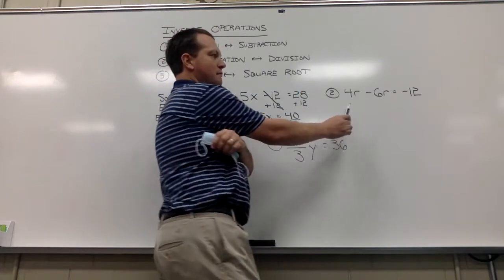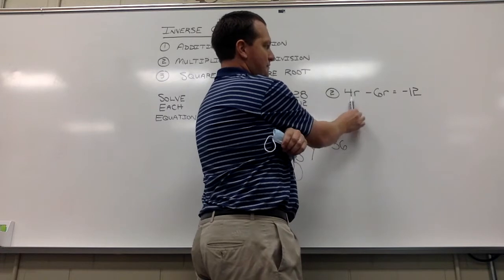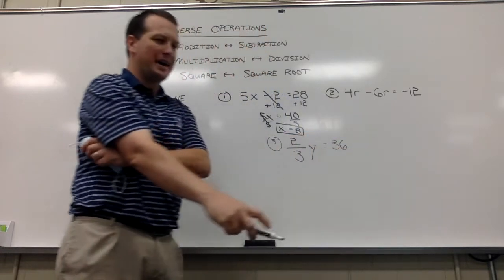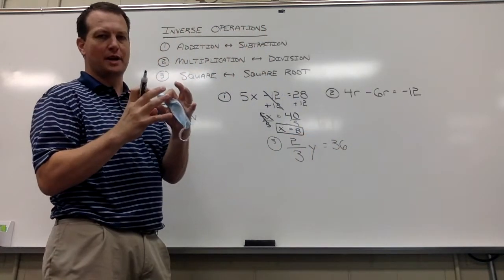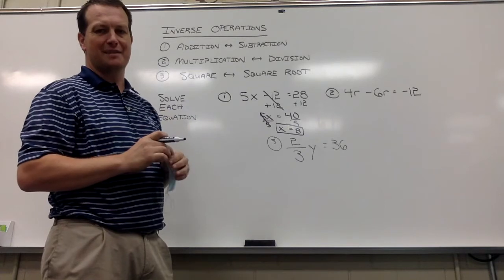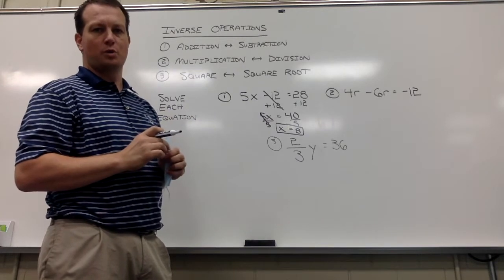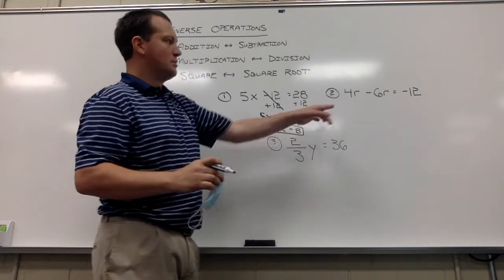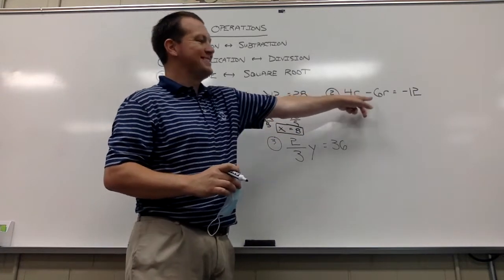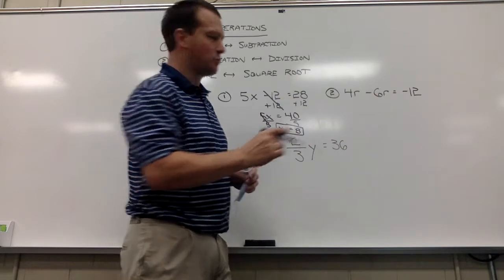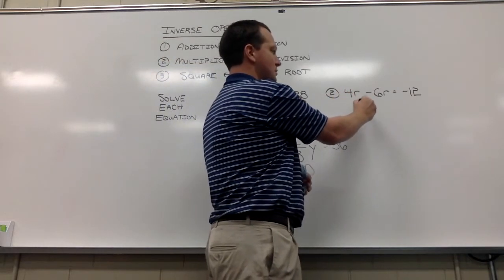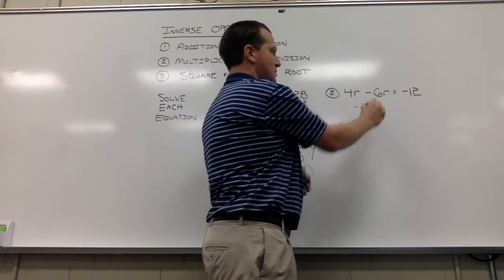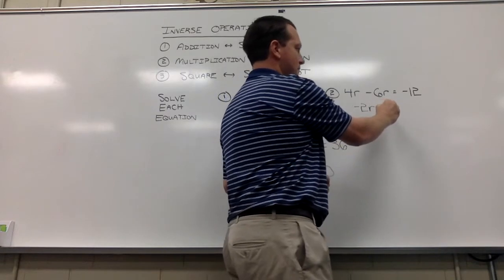Taking a field trip over to example 2. Notice here I have 2 r variable terms on the left side. So I'm going to combine those two together. They're not on the opposite side of the equal sign. So those are what we call like terms, and I'm going to put those two together. So if you start with 4 r's and take 6 away, you're going to be left with negative 2 r's equals negative 12.